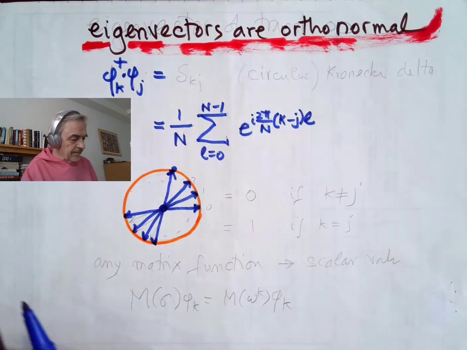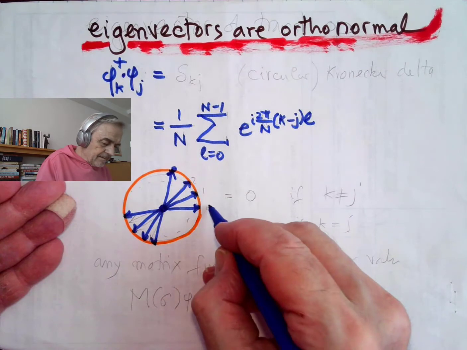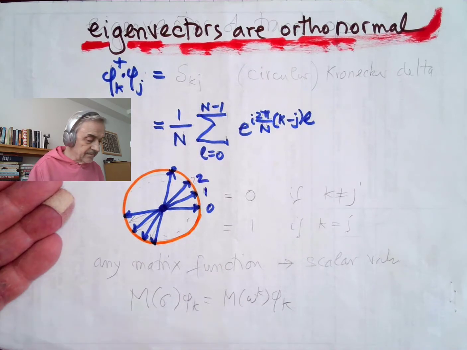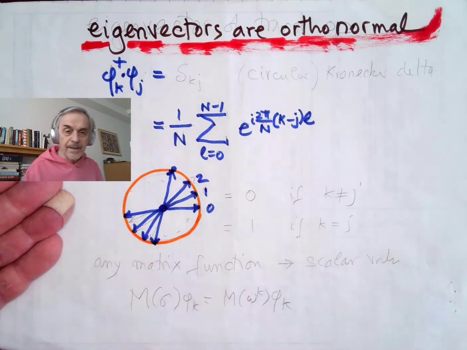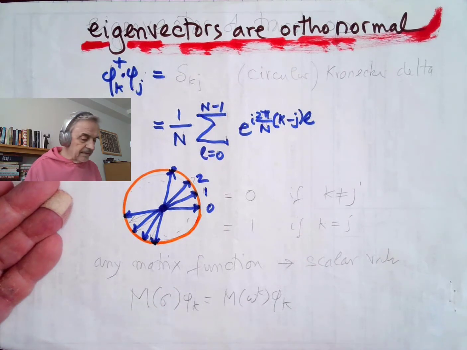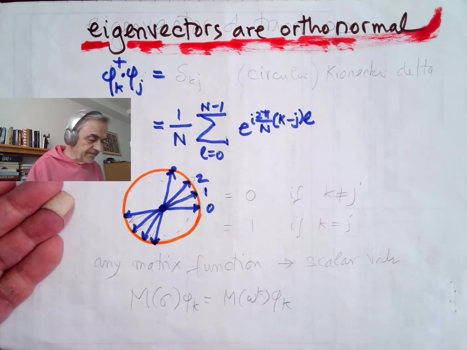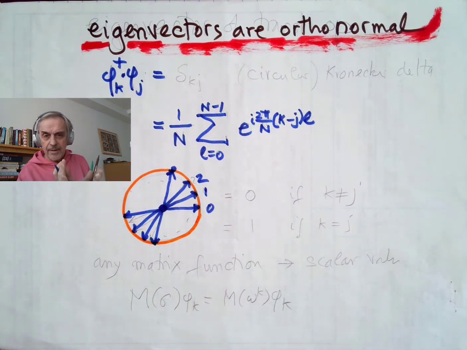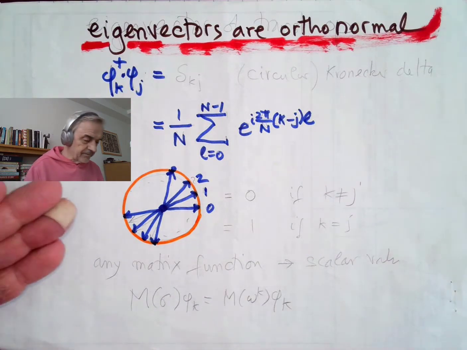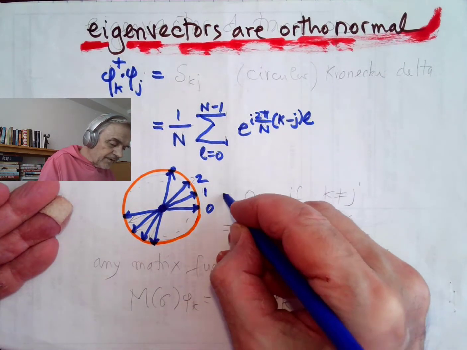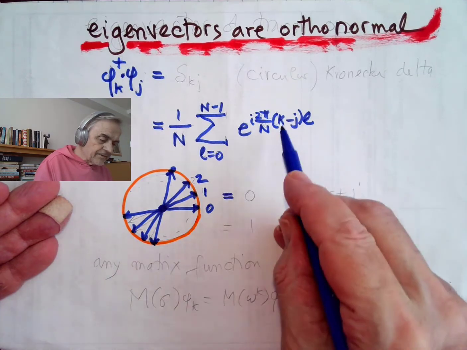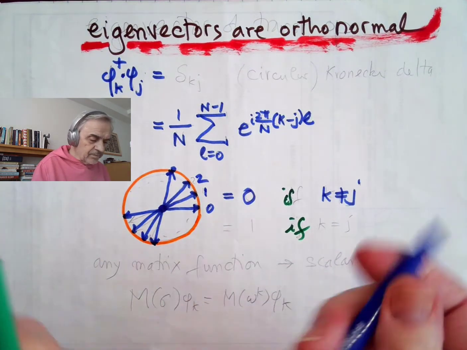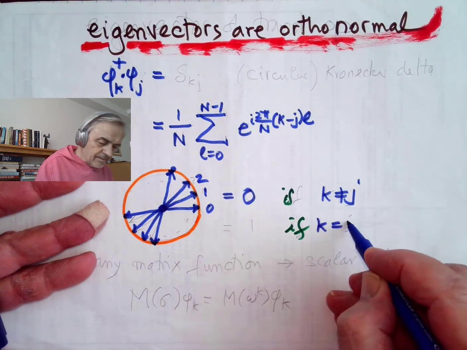And what you realize immediately is that if there is an even number of them, they always appear in pairs and they cancel. And if there is an odd number of them, they also cancel because they're distributed with equal weight, like an equilateral triangle centered at the center of the circle and stuff like that. So we find out that if k is not equal to j, this averages to 0. And we already have shown if k equals j, this is 1.